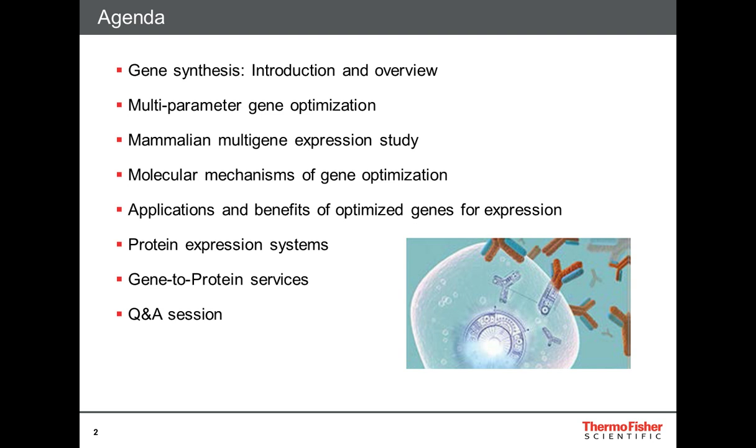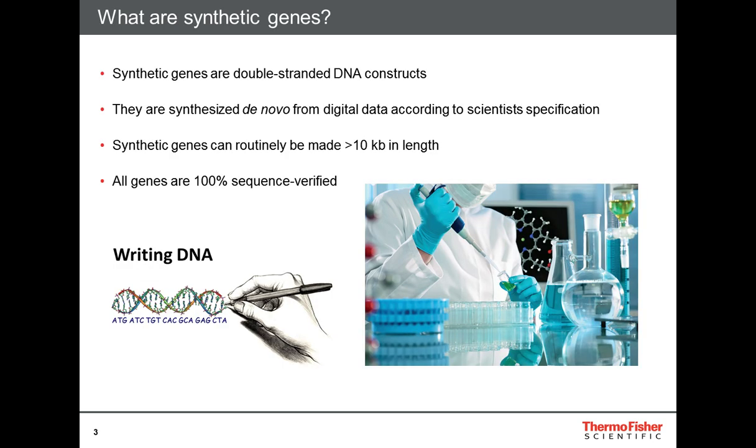How does that actually work within the cell? Then I give you an overview of the applications and the benefits of optimized genes for expression. Talk a little bit about protein expression systems at Thermo Fisher. Then, of course, go deeply into the gene to protein services that we offer, and then it's open for your questions and hopefully my answers.